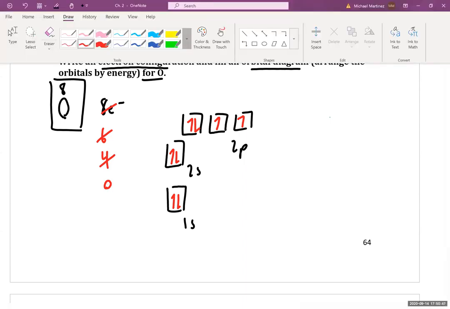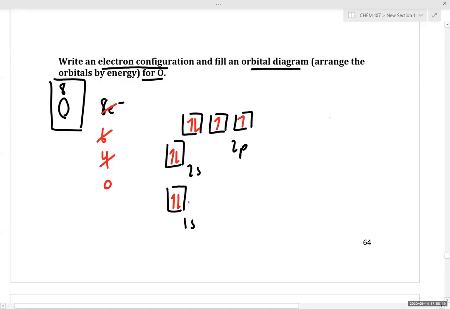Now, for our electron configuration, we just count the number of electrons in each orbital. So for the 1s orbital, we have 2 electrons. For the 2s orbital, we have 2 electrons. And for our 2p orbital, we have 4 electrons.